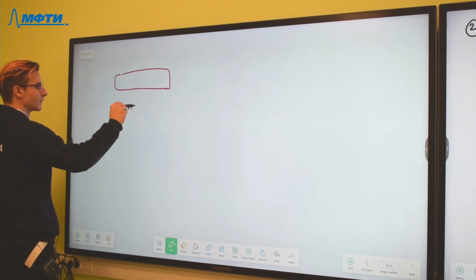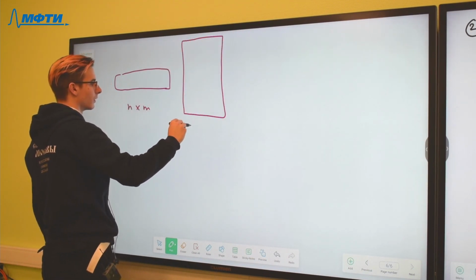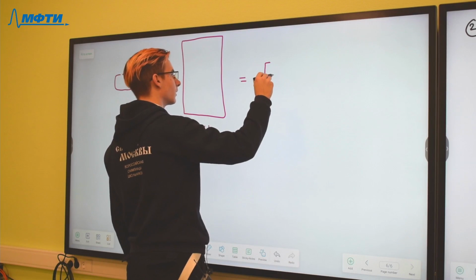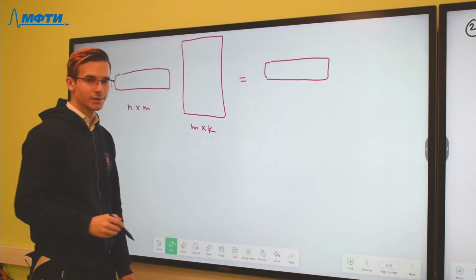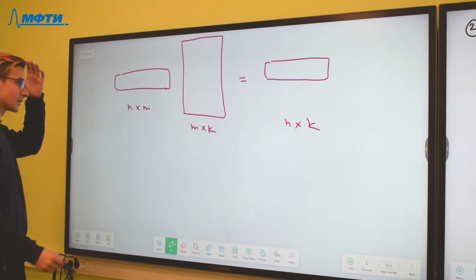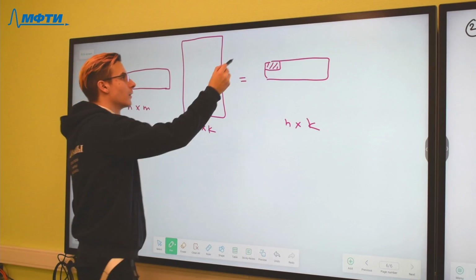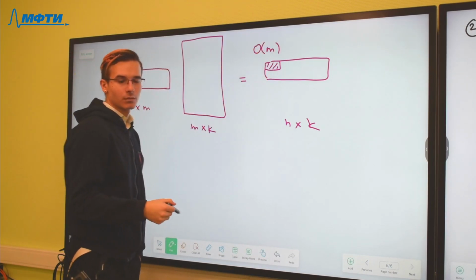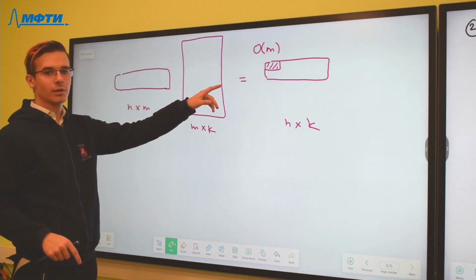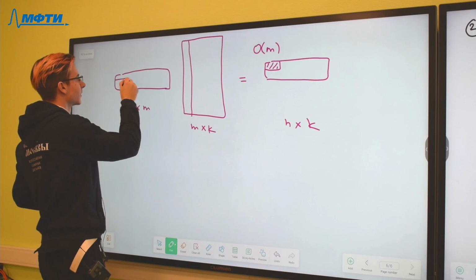If we have matrix N by M multiplied by M by K, as a result we get N by K. To find only one element, we spend O of M time, because, as you remember, in the formula we have a sum of multiplications of these elements and these elements.